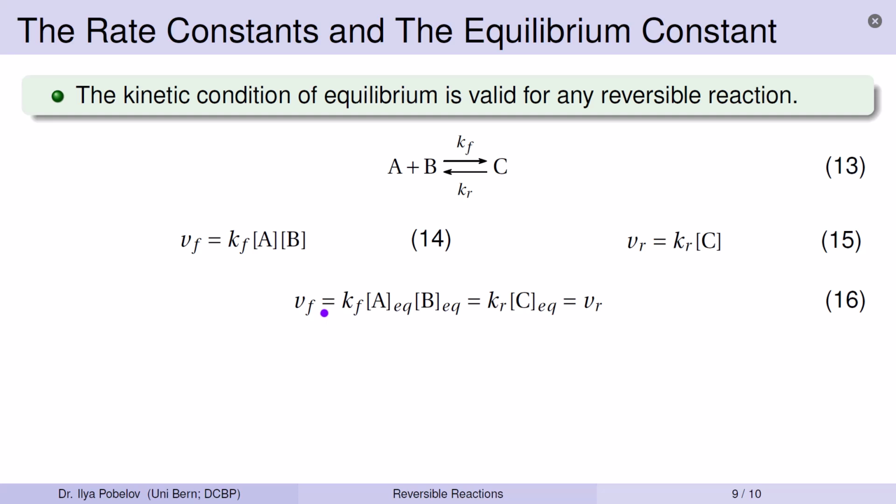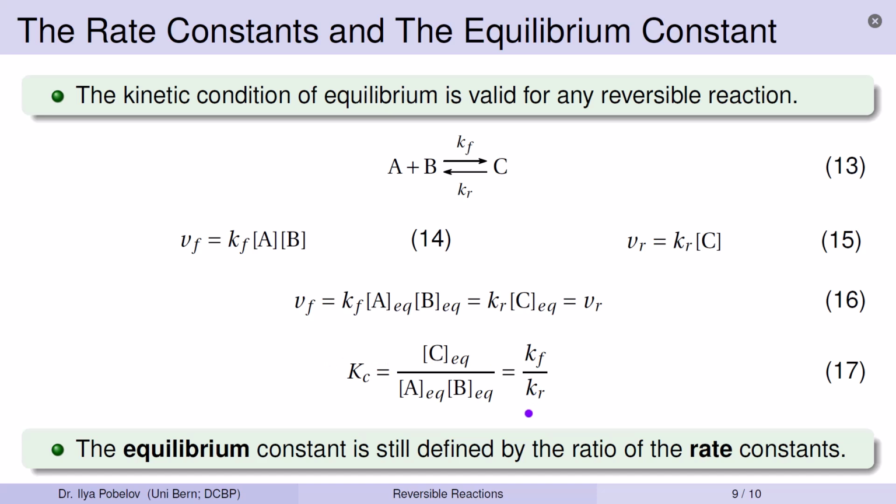The equilibrium condition is achieved when the rate of the forward reaction equals the rate of the reverse reaction. At equilibrium, rearranging this equation gives us the equilibrium constant Kc in terms of concentrations.